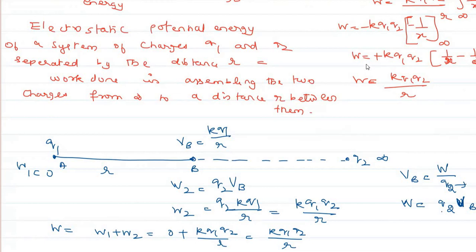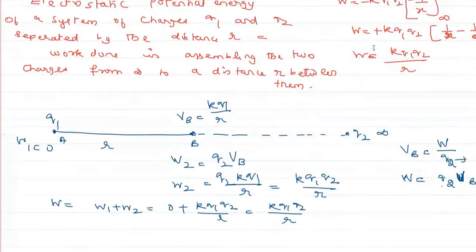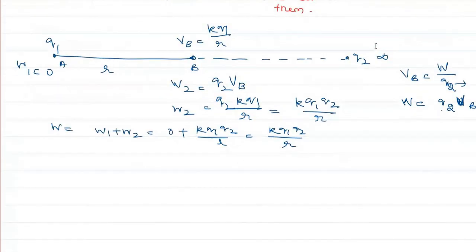Potential energy per unit charge is the work done in bringing a unit positive charge. So you can calculate by the unitary method. Is it clear or not? Everyone? Yes, ma'am. Good.